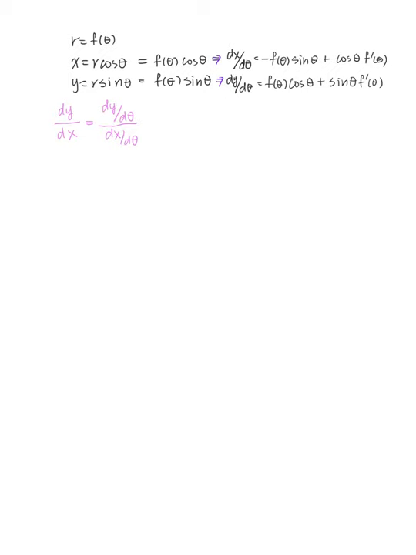So if I plug in our dy over d theta, we're going to get f of theta cosine of theta, and then plus sine of theta multiplying here by the f prime of theta, and the whole thing dividing by dx over d theta, so that will be negative f of theta sine of theta, and then plus cosine of theta multiplying here by the f prime of theta. And this is how that nasty looking formula was formed. So let me just box that.